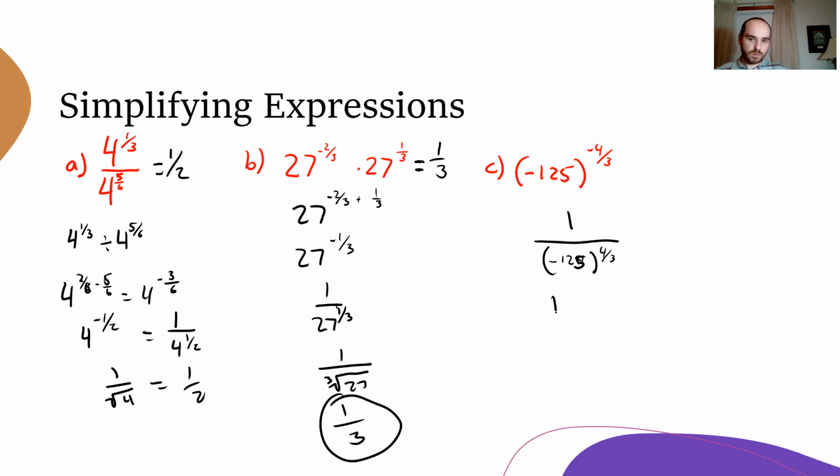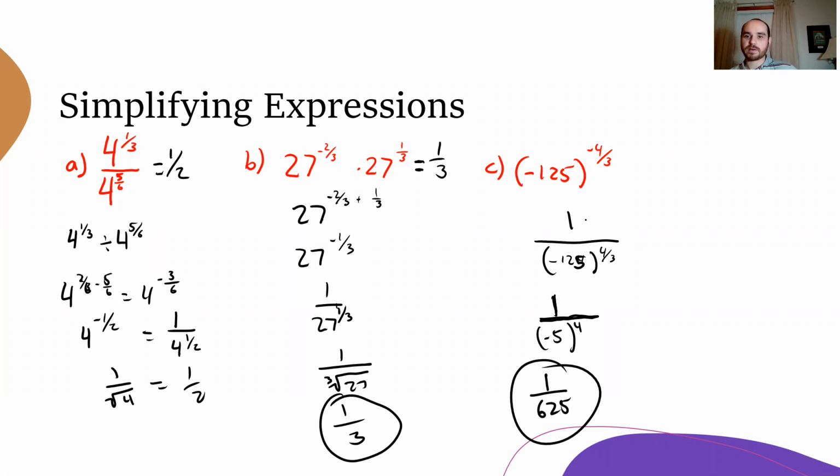So we'd have 1 over negative 5 to the 4th. That, of course, is going to be a positive number. And basically, it's going to be 5 times 5 times 5 times 5, so 25 squared, which is equal to 625. That's probably not something you would know off the top of your head.